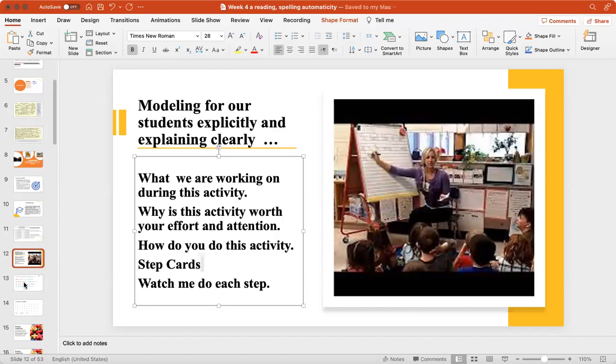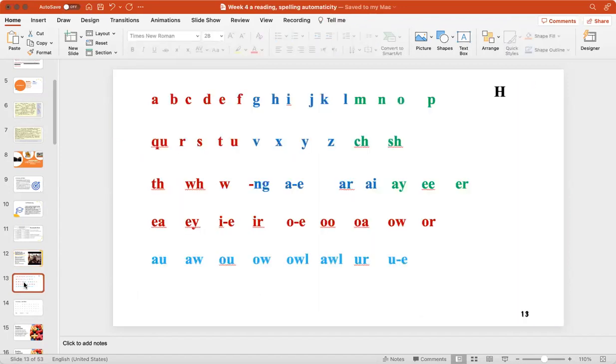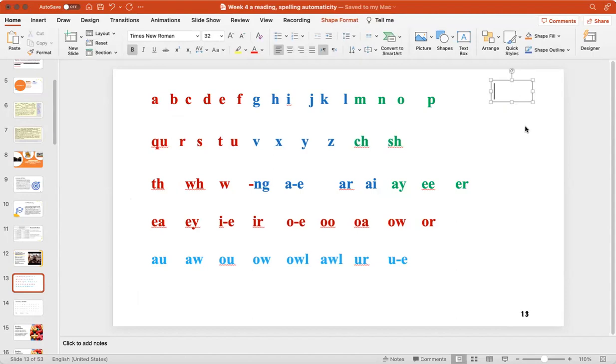Okay. Now, here is an example of a rapid automatic naming task.